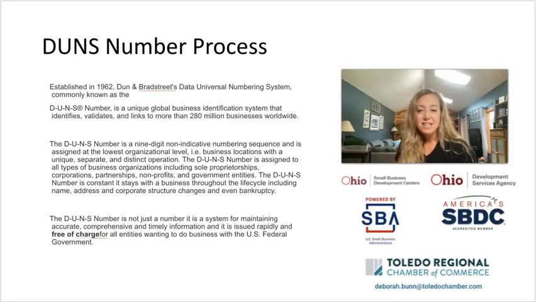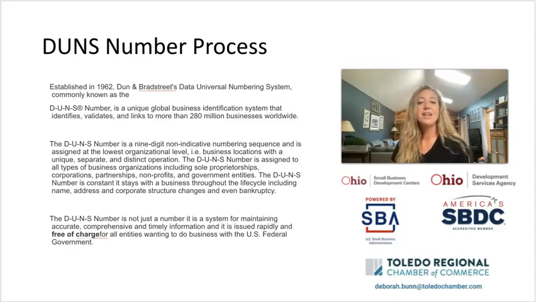It's constant and it stays with the business throughout the life cycle, including name, address, and corporate structure changes, and even bankruptcy. So it's very important that you update this information. If you change the address of the location, you will need a new DUNS number. If you change your email address, if you change who the ownership is, all of those items, then you need to have the DUNS number information updated when you make those changes.